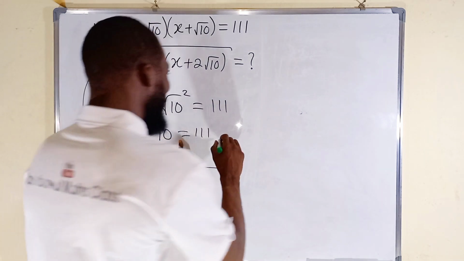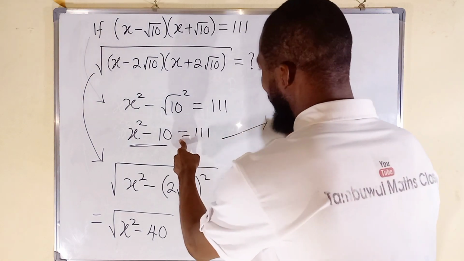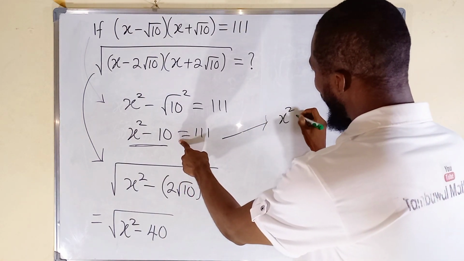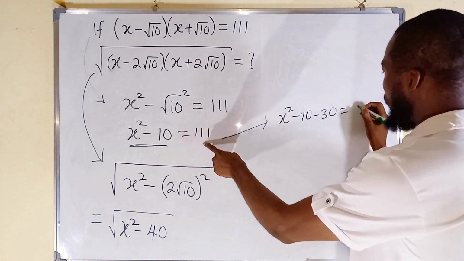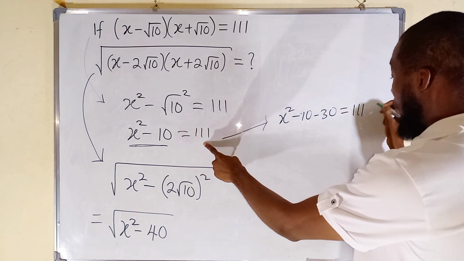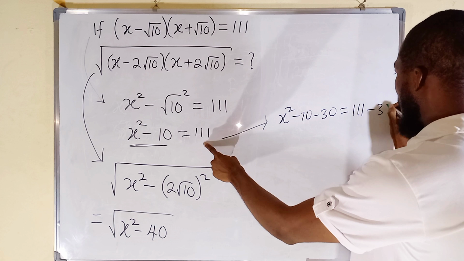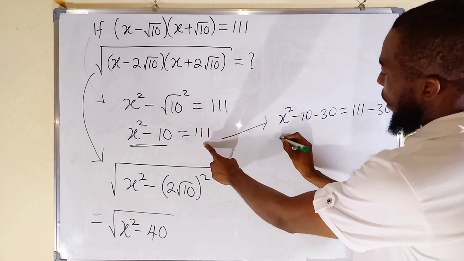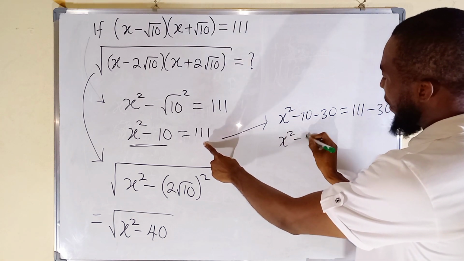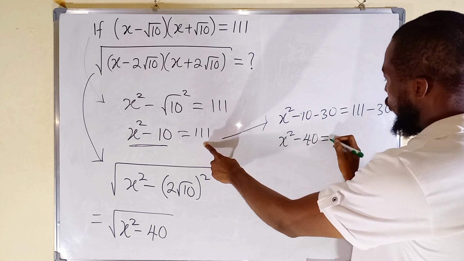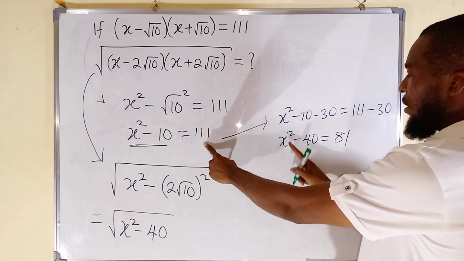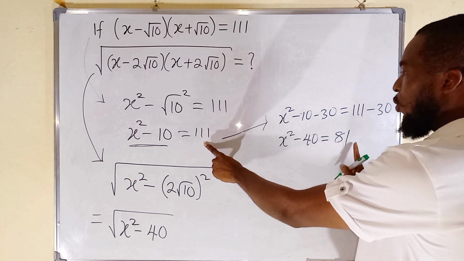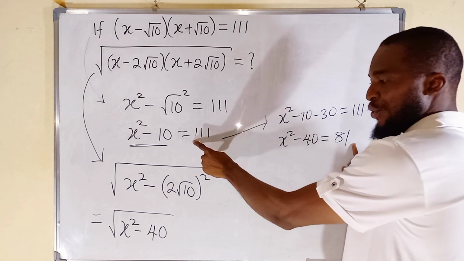So if you subtract 30 here, you have x squared minus 10 minus 30. You have to do the same thing to the right hand side, 111 minus 30, so that we have x squared minus 40 equal to 81.